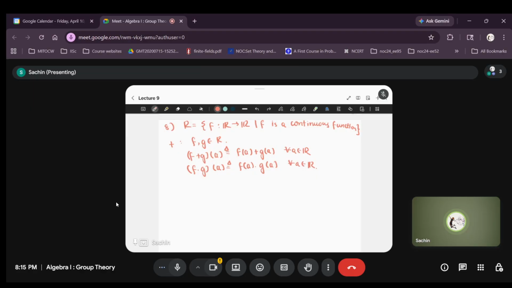No, they are functions. A function is defined for all points in its domain. Yes, it is the ring of the functions. A function itself is from one set to another set. It is a mapping from one set to another set. So the way you define a function is by giving the value of the function at each point in its domain.